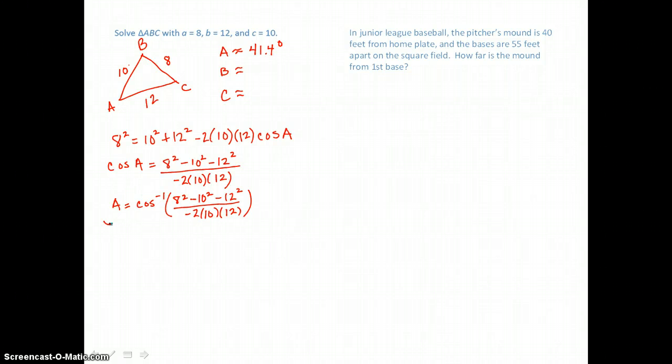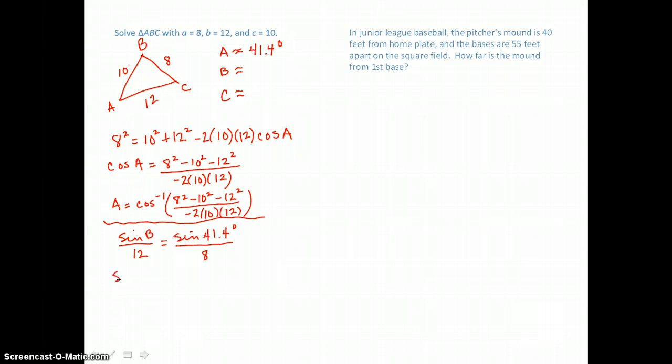Okay, and now angle B. Now that I know a side and the angle opposite it, I can use the law of sines. So the sine of B is to side B, which is 12, as the sine of angle A, which is a 41.4 degree angle, is to side A, which measures 8.